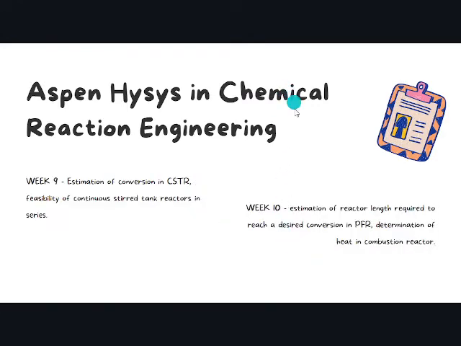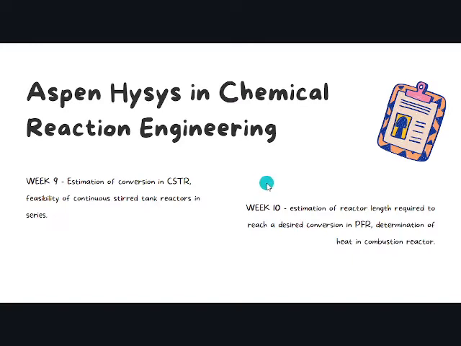So what we are going to do in the first 2 weeks is we're going to solve certain chemical reaction engineering problems using Aspen HYSYS. Alright, so this week 9, we're going to estimate the conversion in a continuous reactor, and we're going to see the feasibility of CSTRs if they are connected in series in order to achieve the desired conversion.